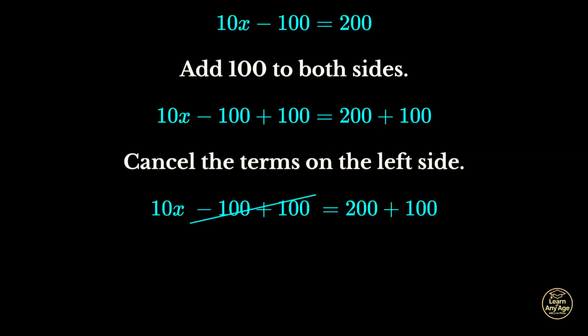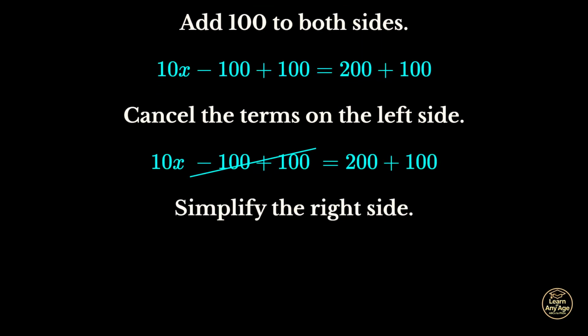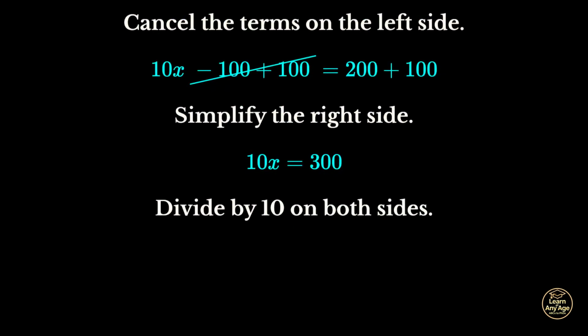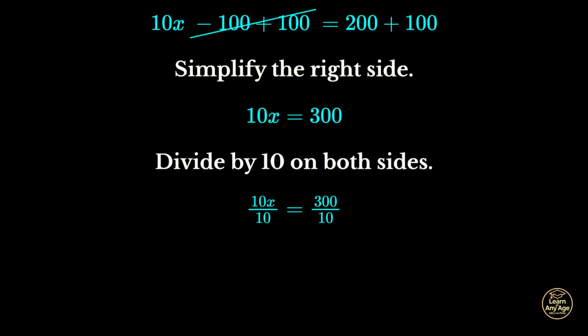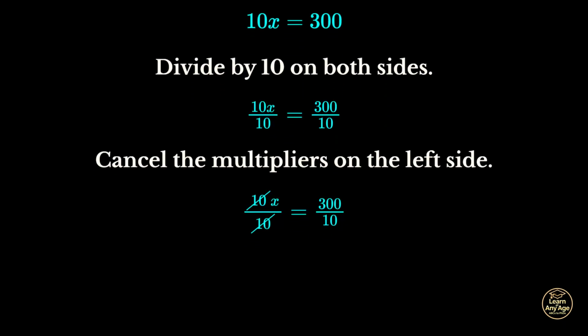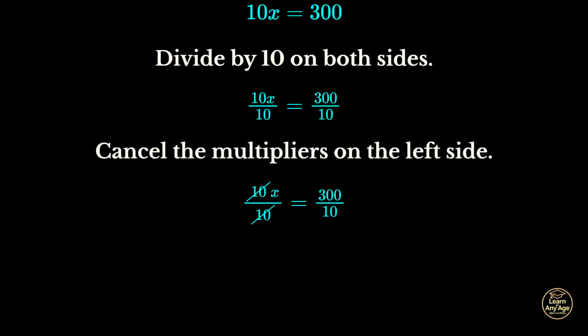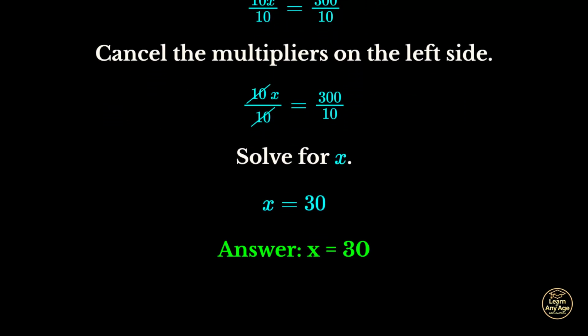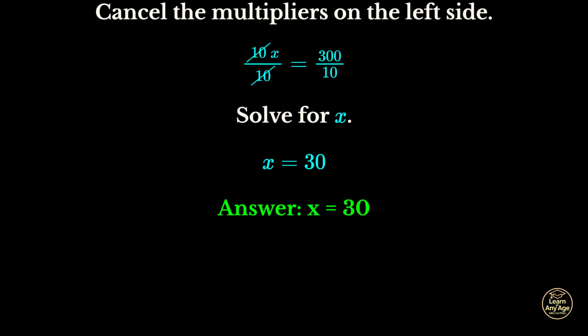Simplify the right side. 10x equals 300. Divide by 10 on both sides. 10x over 10 equals 300 over 10. Cancel the multipliers on the left side. Solve for x. X equals 30. Answer: x equals 30.